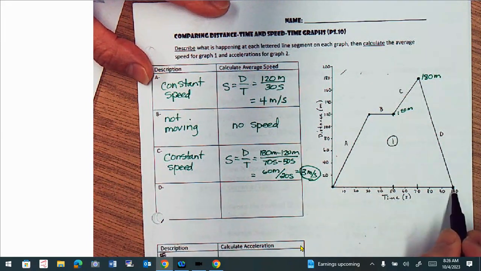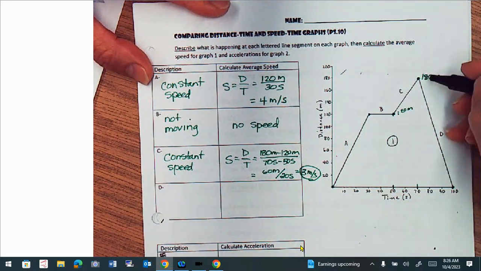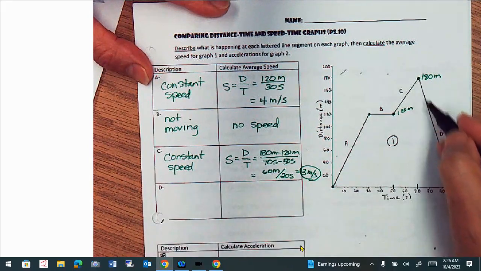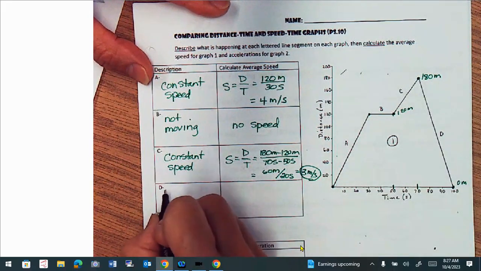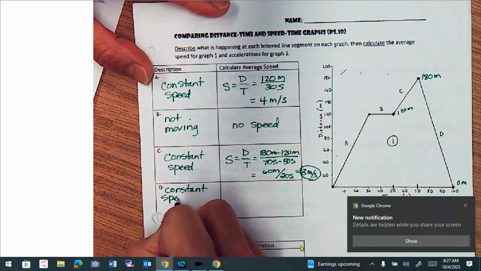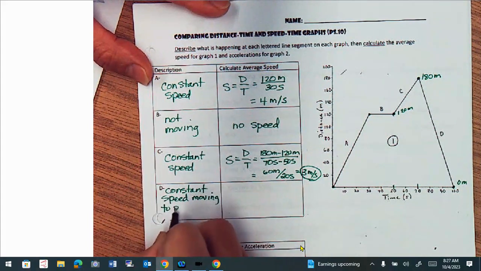which is, the time difference here is 100 minus 70 seconds, and the distance difference is 180 and 0 meters. So this is also constant speed, going back to point of origin.